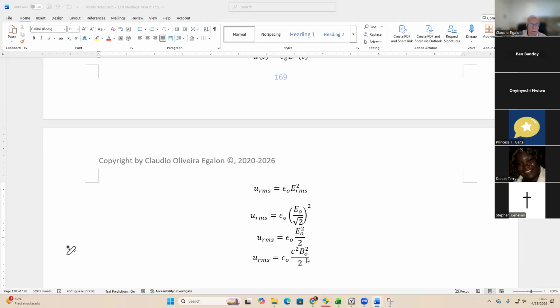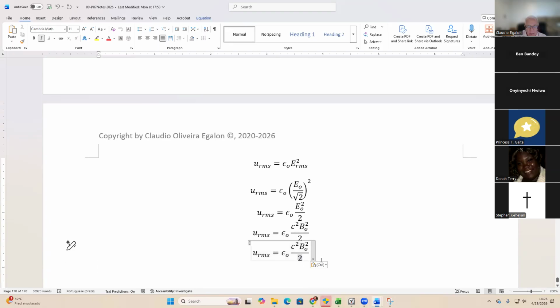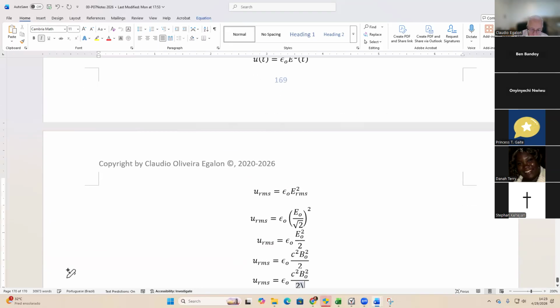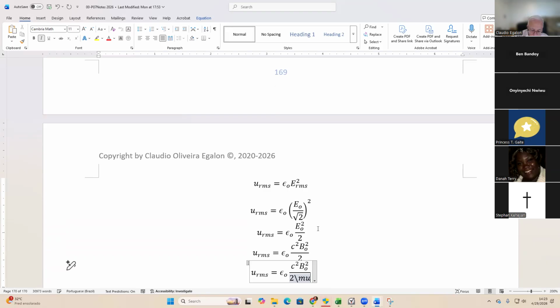Okay. And then can we simplify further? We can. We can simplify it further, right? Just to write the c squared in terms of mu naught and epsilon naught. And we're going to cancel out this epsilon naught. Mu naught and epsilon naught.